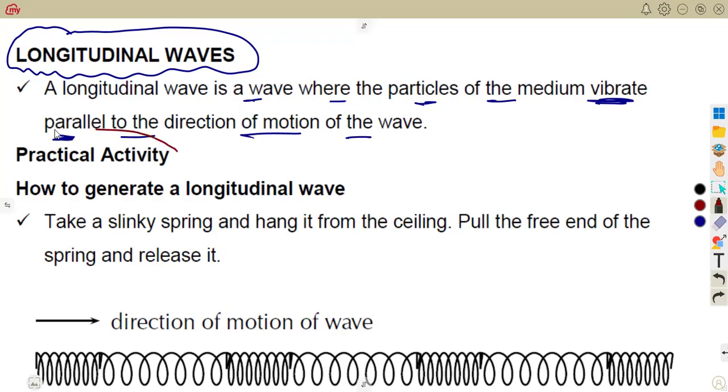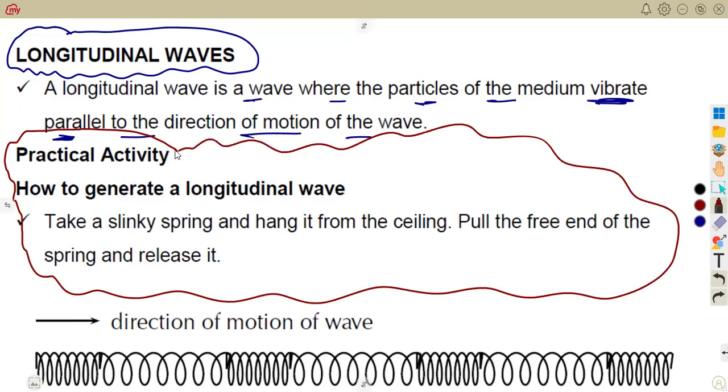A practical activity to see how to generate these longitudinal waves: take a slinky spring and hang it from the ceiling, pull the free end of the spring and release it.